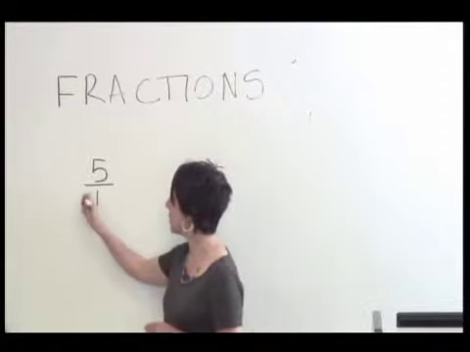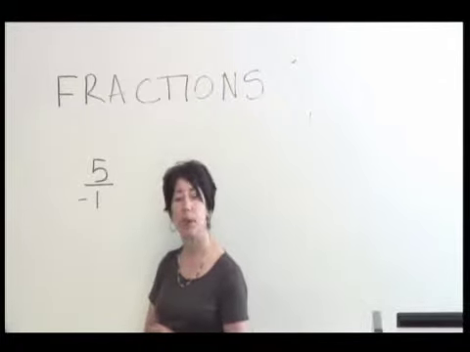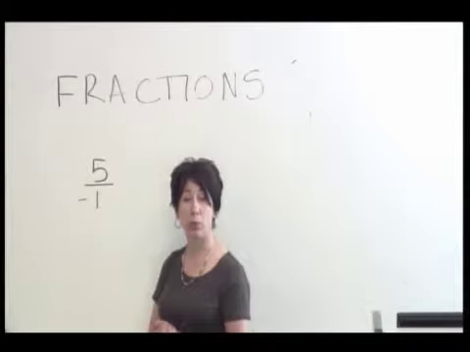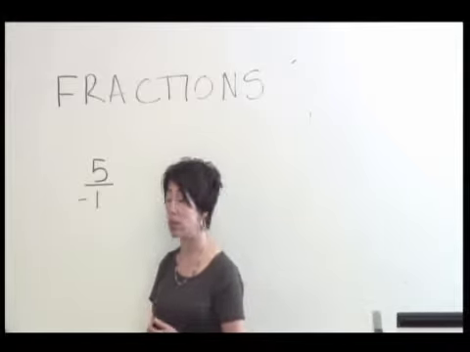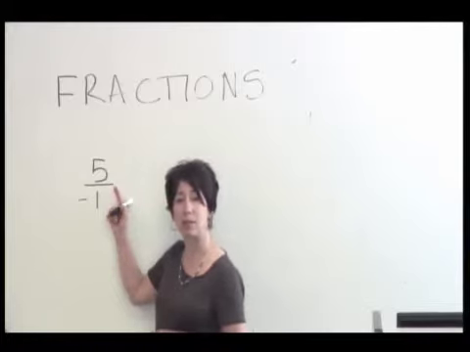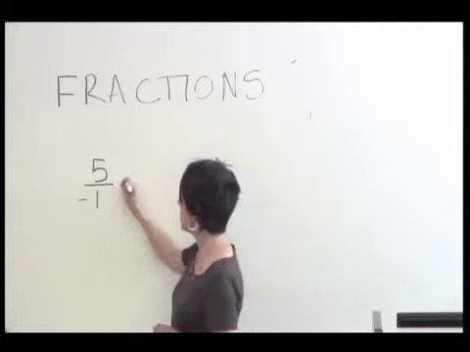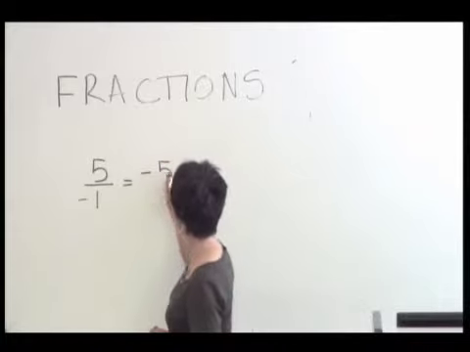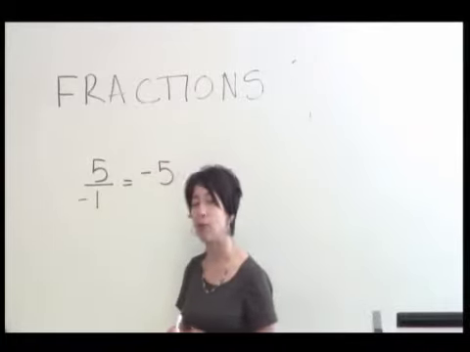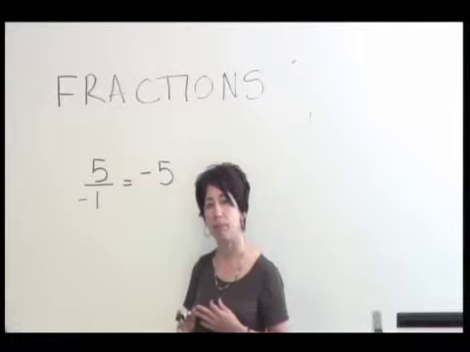Now we know that this would simplify to 5. But what happens if there was a negative there? Well, we want to use our rules for dividing by negative numbers. Because basically the fraction bar is a division symbol. So this would simplify to -5 if you're asked to simplify it.